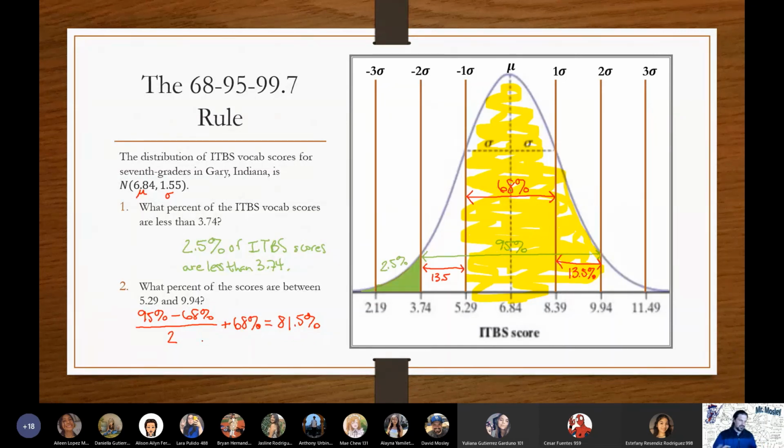And again, we'd want to write out our answer as a sentence and not just say 81.5%. So to finish that to be correct: 81.5% of scores are between 5.29 and 9.94.